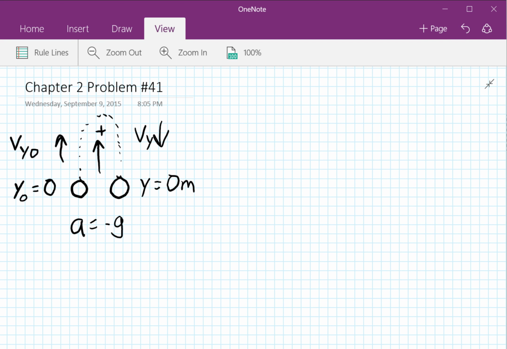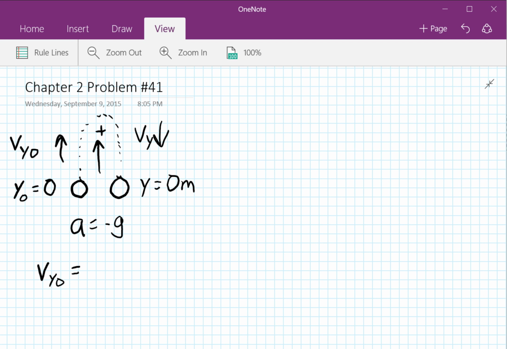Okay. So with these values, they want you to show that the velocity initially is going to equal, oh, actually I'm blanking now. I think they don't say velocity, I think they say speed.